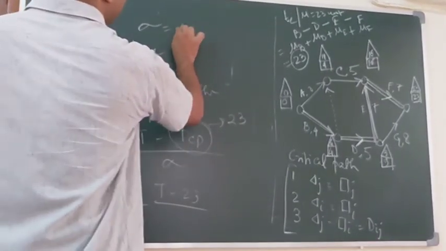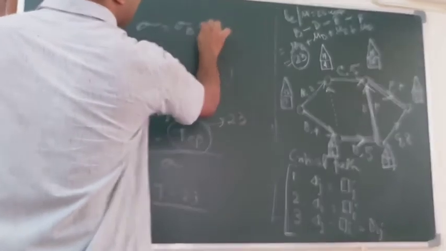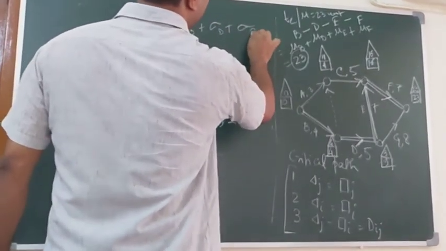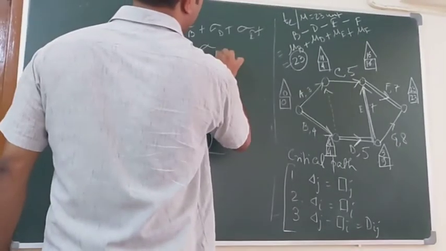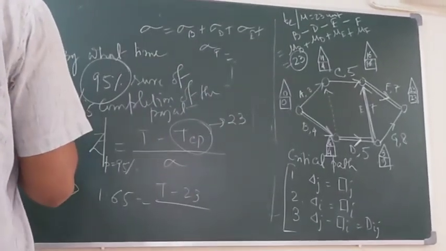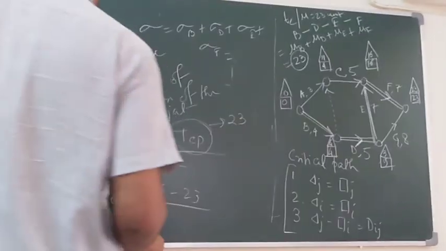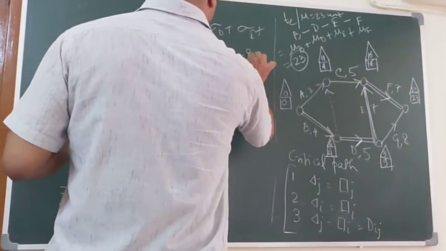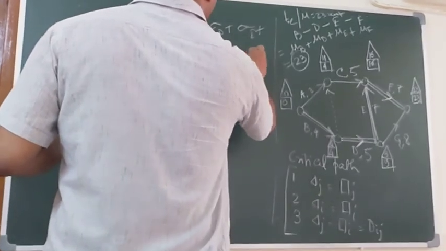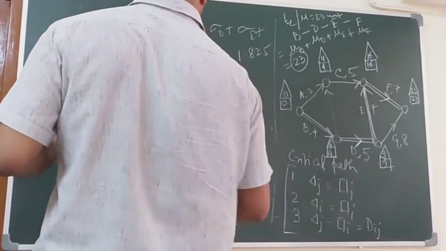Sigma is equal to sigma B plus sigma D plus sigma E plus sigma F. So the standard deviation value is 1.825. Okay.